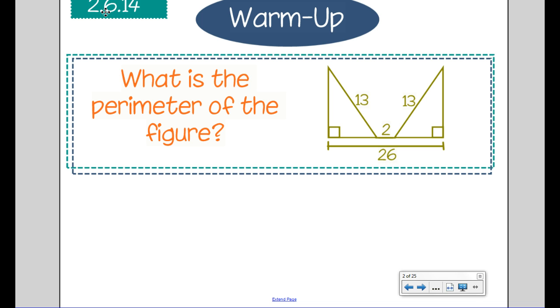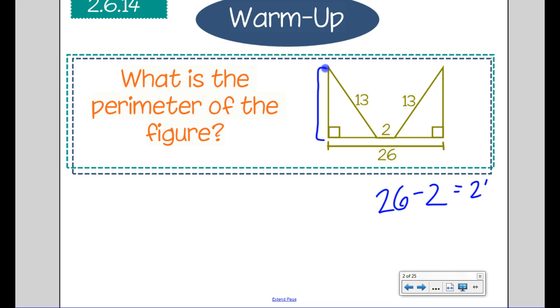Who can raise their hand to tell me how we're going to find that missing side? Brett. Okay, subtract the 2 from the 26. Love it. Everybody subtract 2 from 26. 24. Now what, Brett? And then subtract that from 13. Wait, divide by 2. Very good, very good.